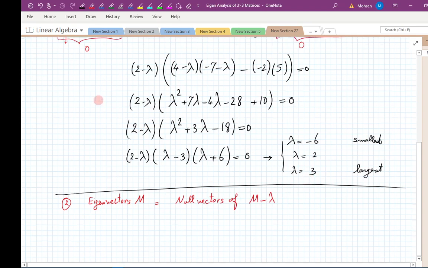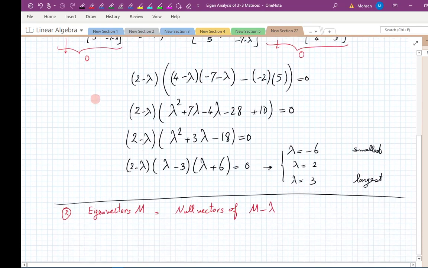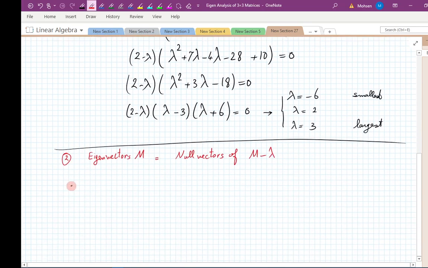Well, it means that I need to rewrite this thing down here so that I don't go back and forth a lot. So M minus lambda is that matrix we had up there. So let me just write it: 4 minus lambda, 0, minus 2; 4, 2 minus lambda, 3; 5, 0, minus 7 minus lambda. Okay.